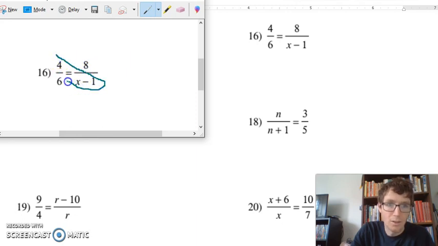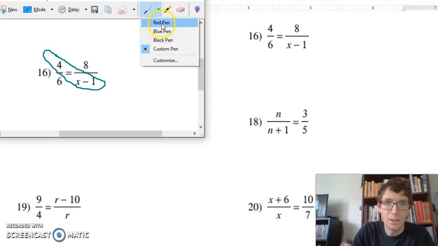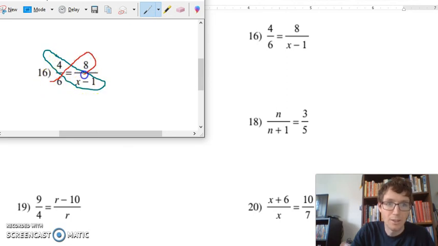I'm going to highlight that in my teal, and I'll do the other one in red. So we have 4 times x minus 1, and then we have 6 times 8 over here.